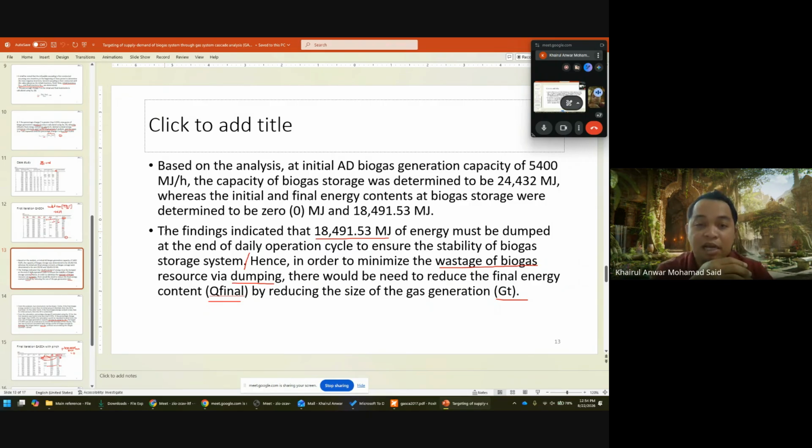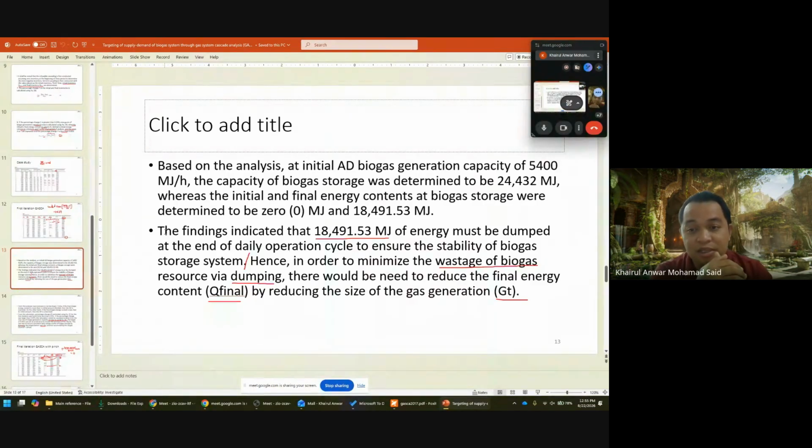So since there are no zero gases, then we don't use gas. That's why there's no zero gases. So 18,191 must be dumped at the end of the daily operation, the Q final.